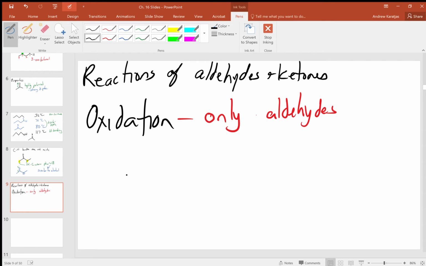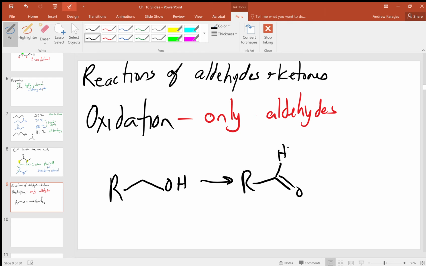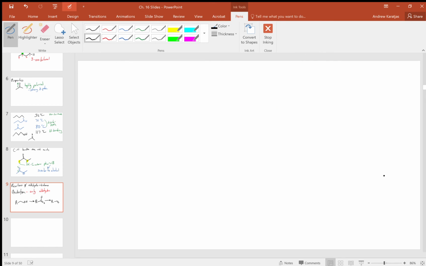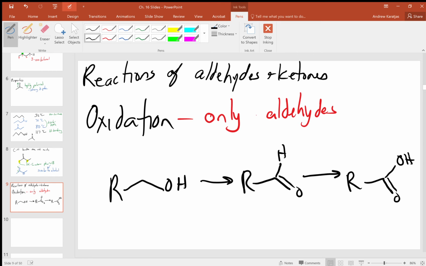Now, you may recall that when we were talking about oxidation of alcohols, we said with a primary alcohol, it gets oxidized to an aldehyde, and then under certain conditions, that aldehyde gets oxidized further to a carboxylic acid. Now, sometimes that's something we want to happen, and sometimes we don't. Turns out this oxidation isn't that difficult.